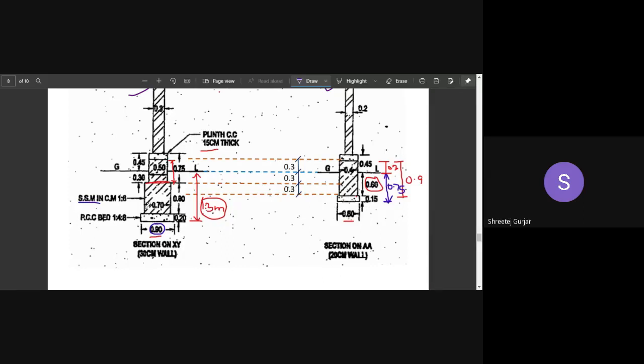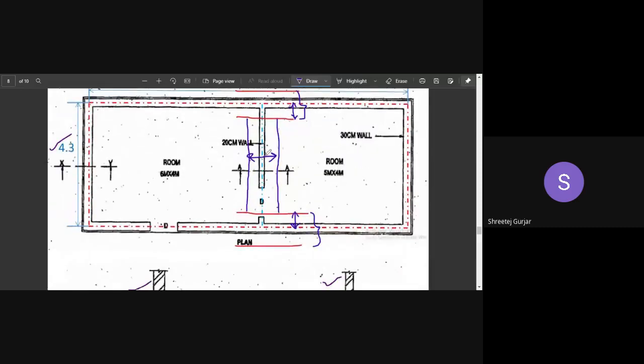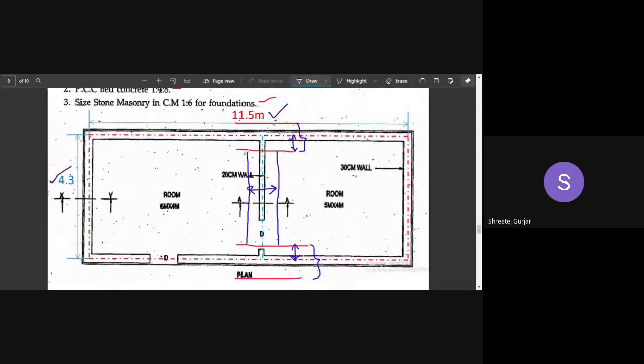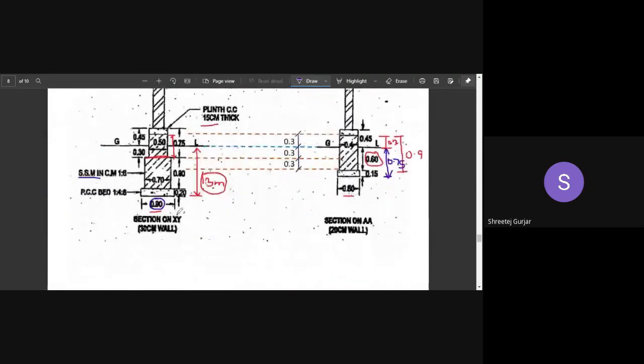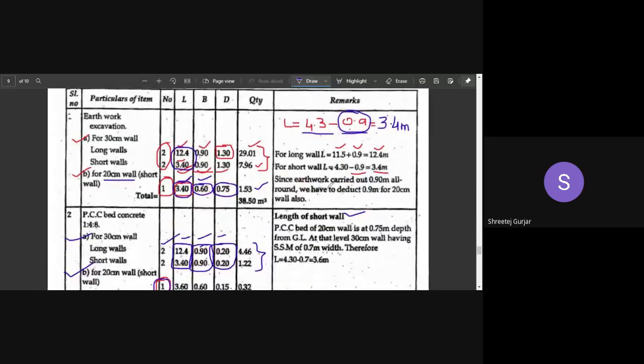In your plan, the same thing: your size stone masonry of 0.7 meter will come inside like this in your short wall. So you have to consider this width while calculating the length. That is what they have written here.